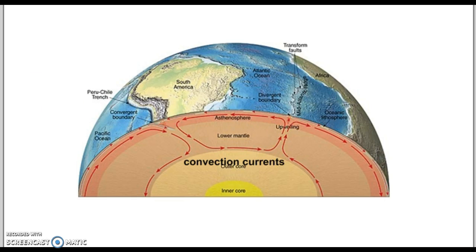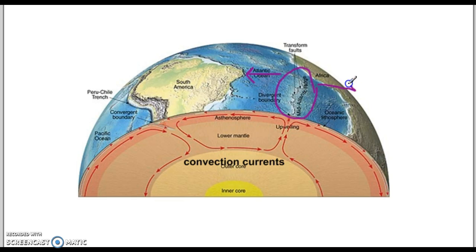And if you look at this, it's really interesting. You'll notice some similarities between the direction of the convection current arrows and what you see going on top. So let's take this example right here, the mid-ocean ridge. This is where seafloor spreading is taking place, and you may know that that's happening at a divergent boundary.